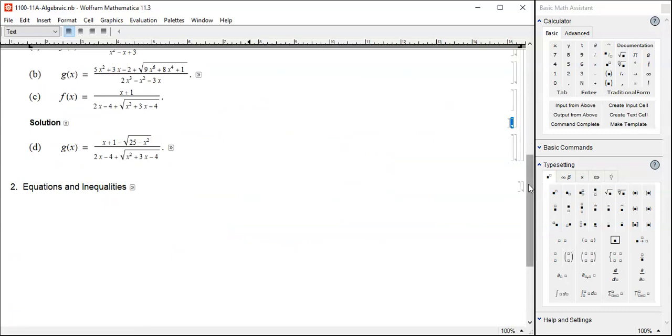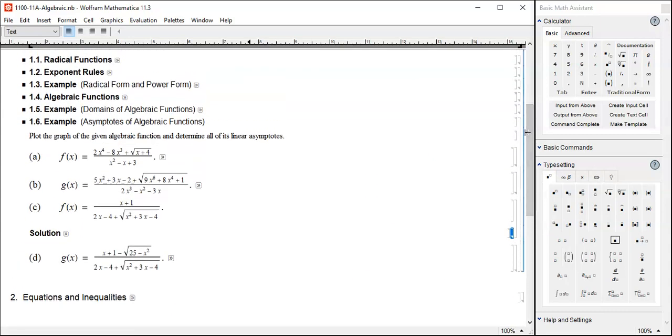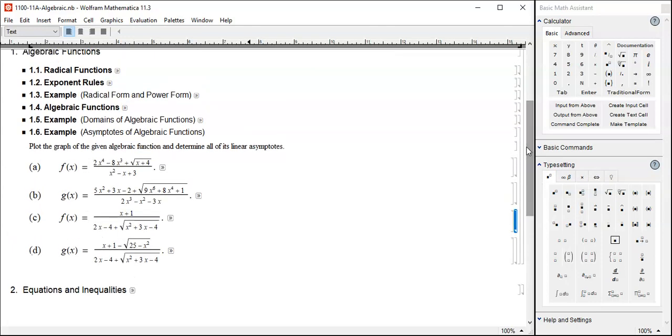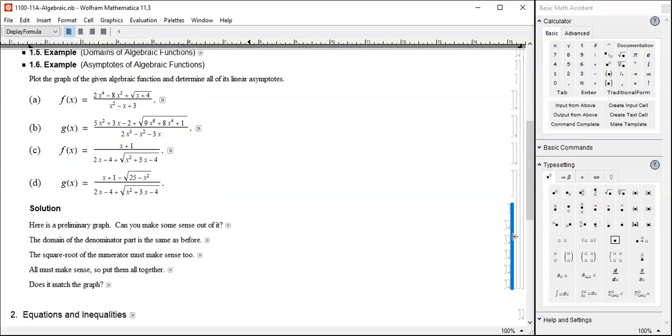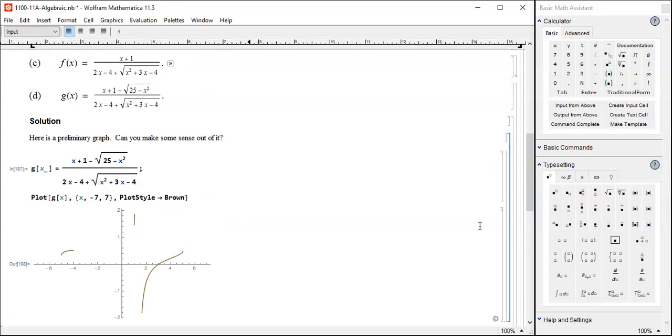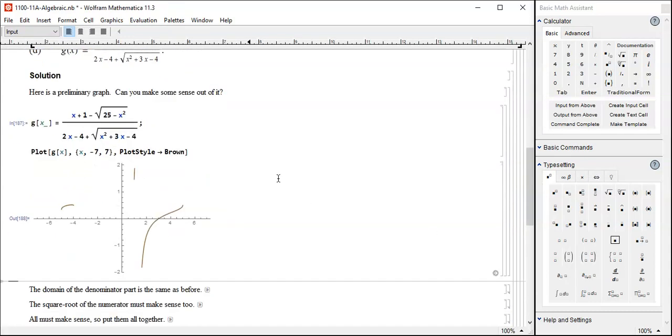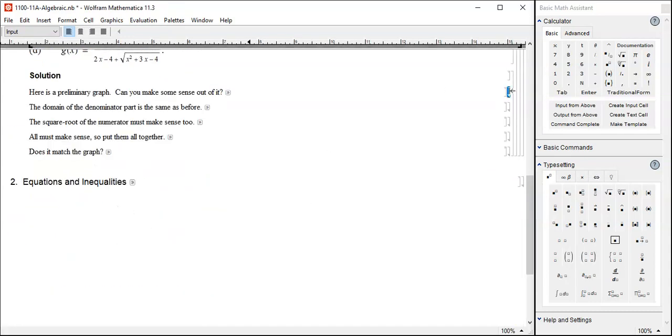So the vertical asymptotes: set the denominator equal to 0. Horizontal asymptotes: asymptotic estimation, but be careful when you have two different horizontal asymptotes, for instance. Do we have enough time for the fourth problem here? I don't know. What's the graph? The graph kind of looks like this, and can you make any sense out of it? Maybe not.